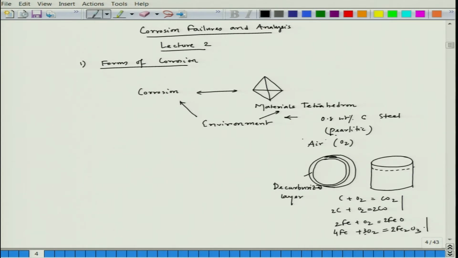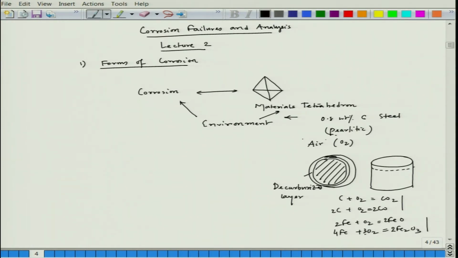Those reactions also can happen, and they form rust on the top layer, which is the oxide layer. But the major observation, if you see the microstructure, is that a white layer has formed. The internal section will show pearlite, but in the outer section there will be a white decarburized layer. This is the typical problem.